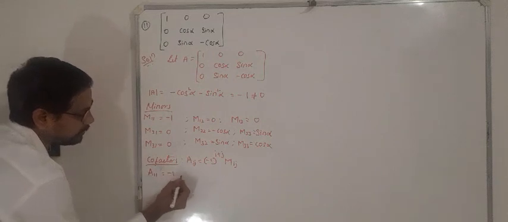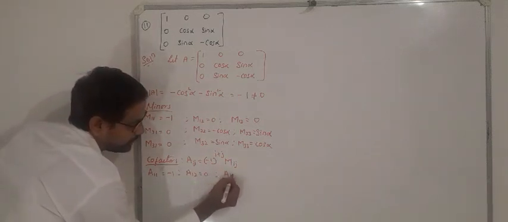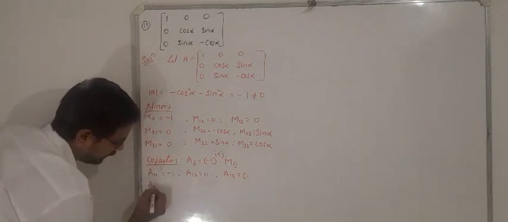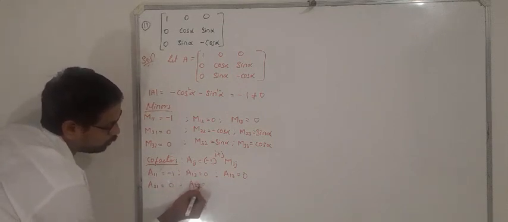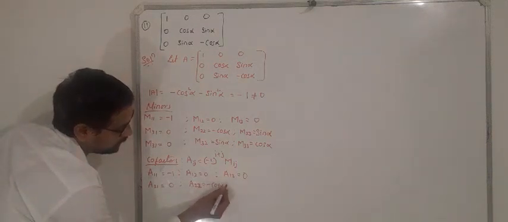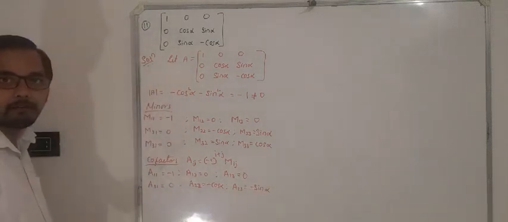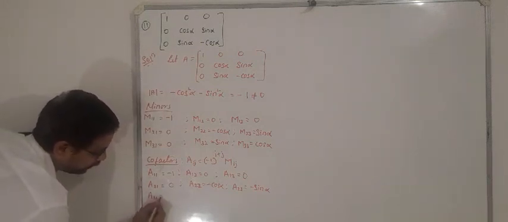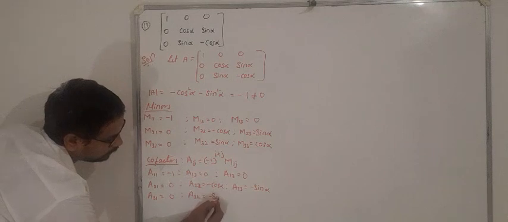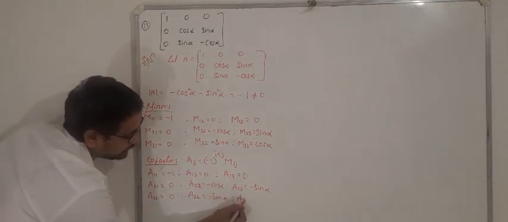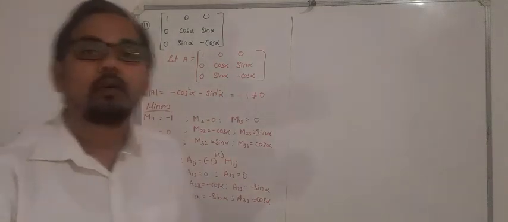A11 will be equal to minus 1, A12 will be equal to 0, A13 is also equal to 0, A21 is equal to 0, A22 is minus cos alpha, A23 is minus sin alpha, A31 is 0, A32 is minus sin alpha, A33 is cos alpha. So that is how we will find minors and cofactors.